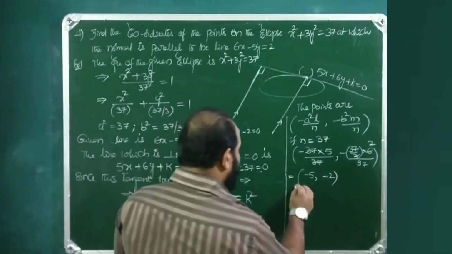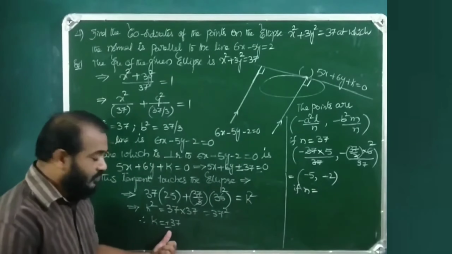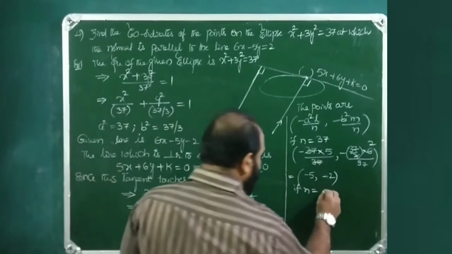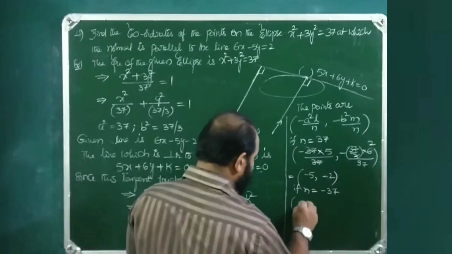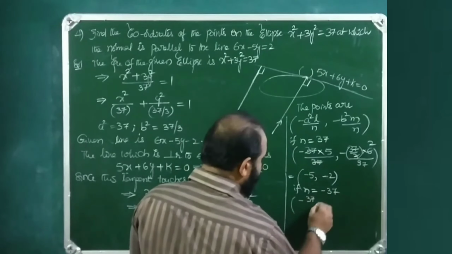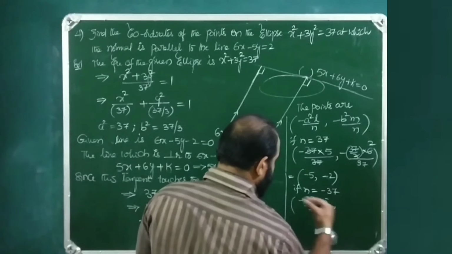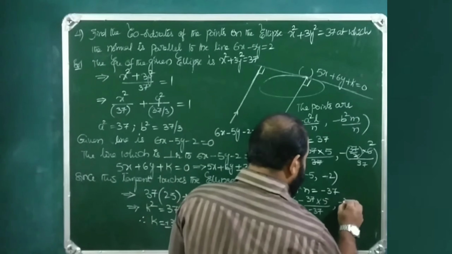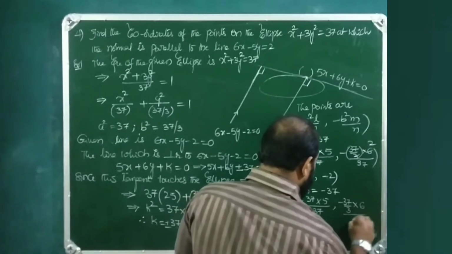And if n is equals to, second case also we have to take into consideration, which is minus 37. So minus 37 and substitute here. So minus 37 into 5 by minus 37. So minus 37 by 3 into 6 by minus 37.